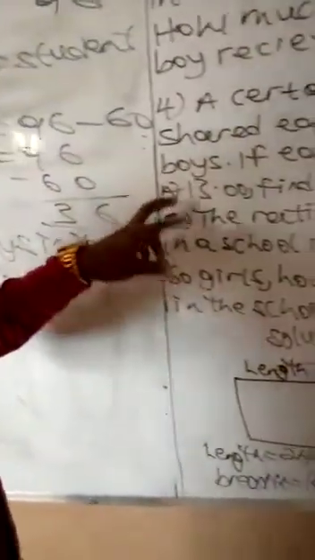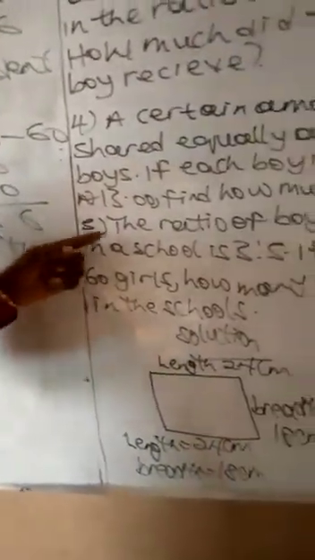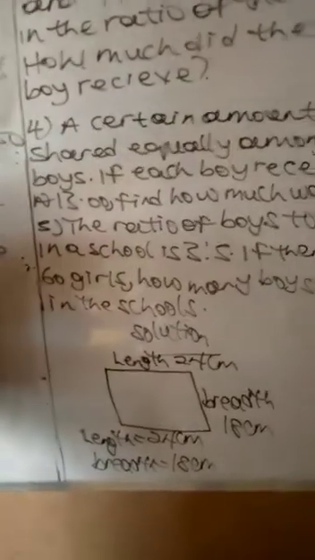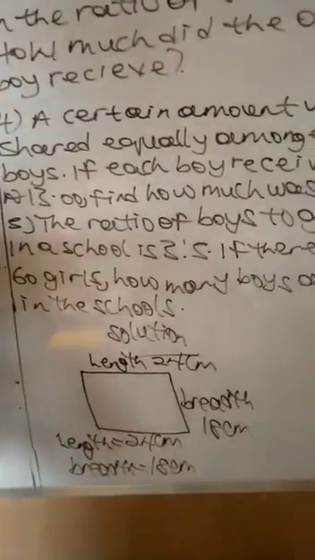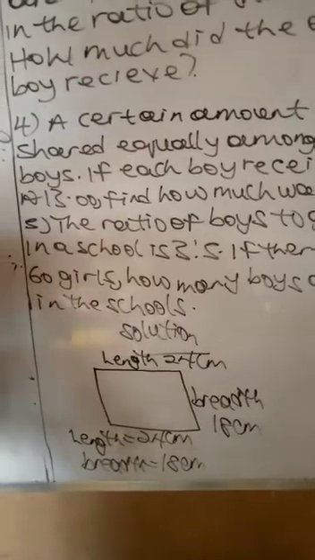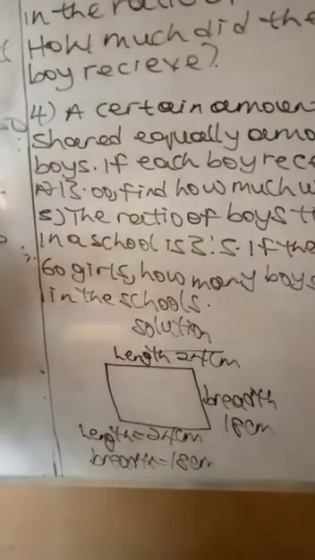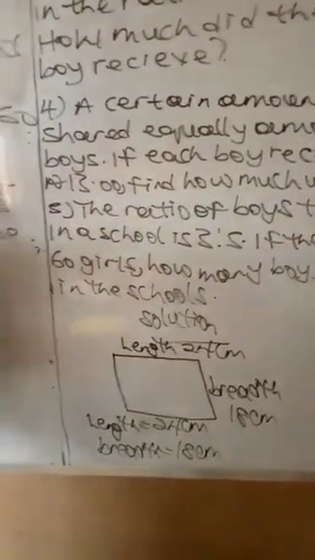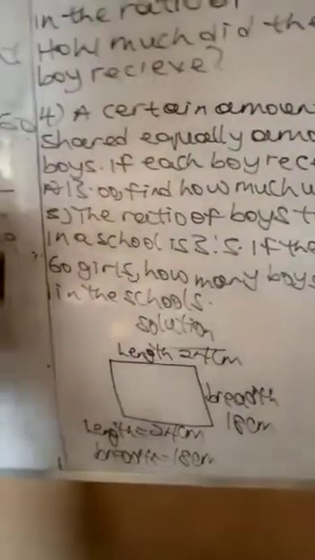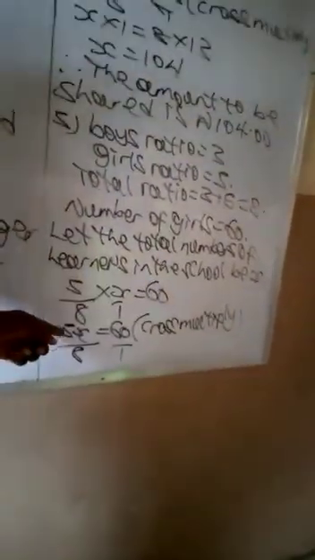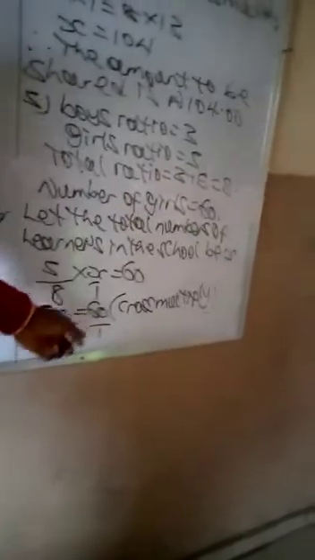You can see that the only question that is a little bit tricky is question number 5. In question number 5, the total number of learners in the school is not given to us. So you say let the total number of learners be X. Then you use the girl ratio over the total ratio times X equal to 60. After that, you multiply the numerator: 5x over 8 equal to 60 over 1.